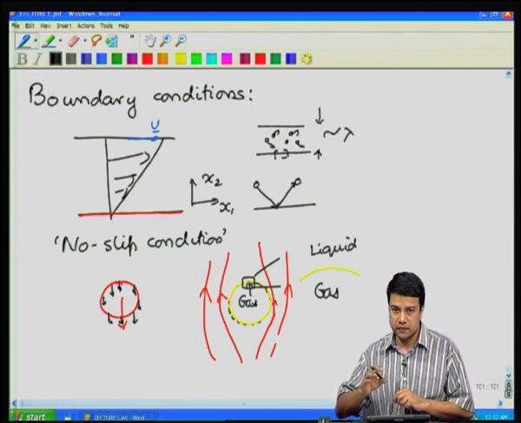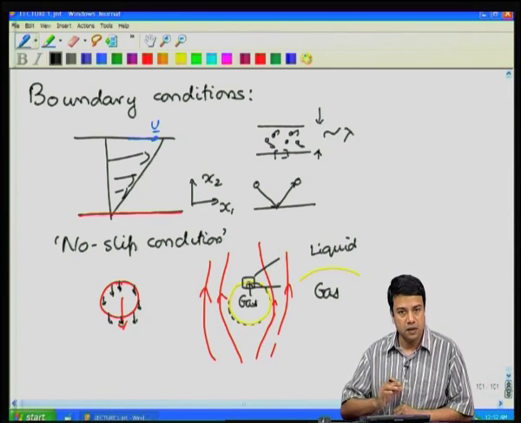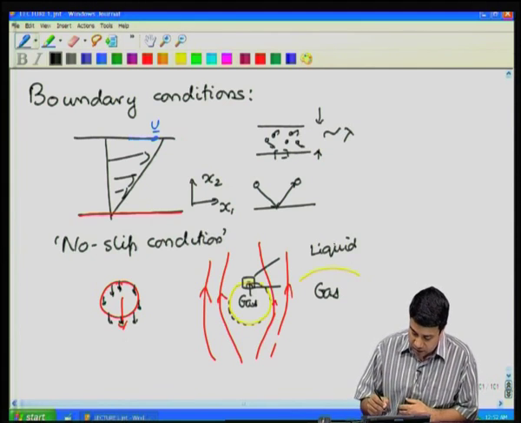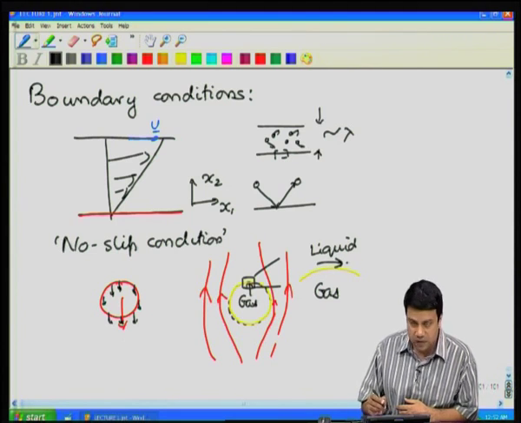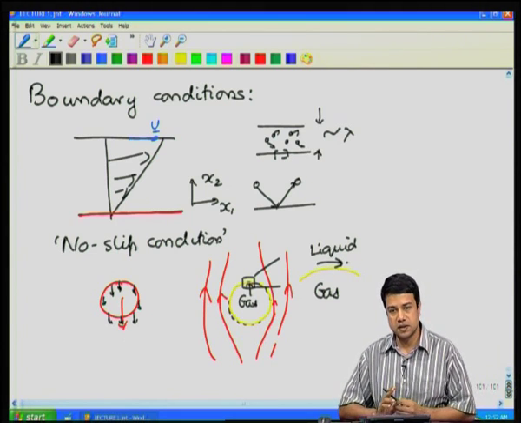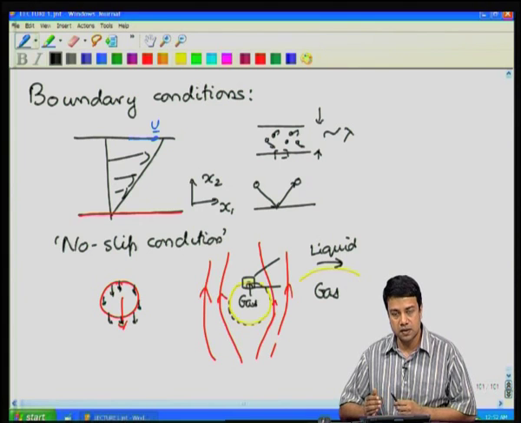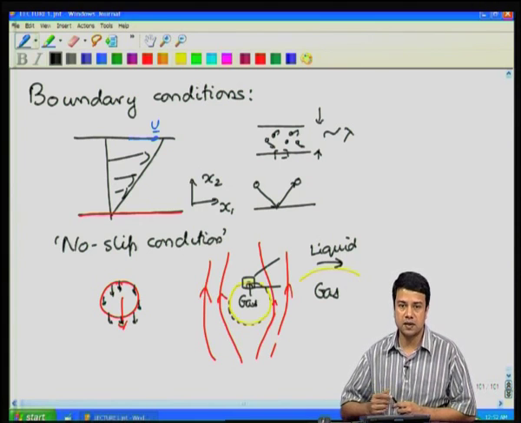For a gas, it does not have to be so. So, in this case, you would enforce zero stress boundary conditions. If there is a shear stress exerted by the gas on the liquid, there is going to be a deformation within the gas itself.